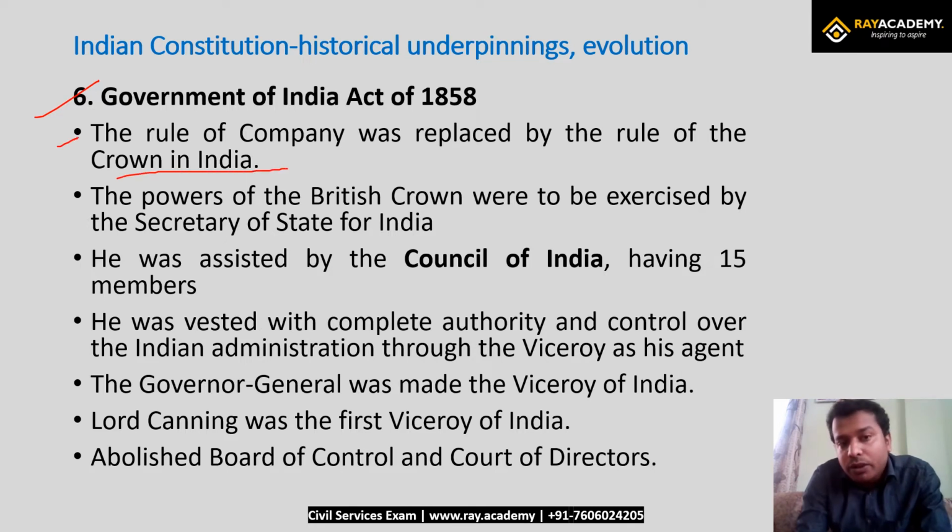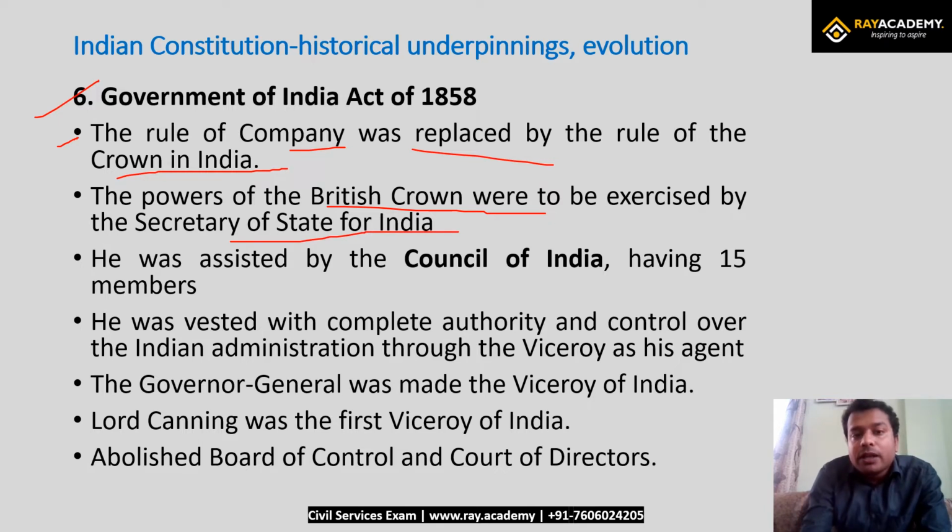Now, you need to understand, earlier the company had the power to frame the rules and regulations. So it was completely replaced by the rule of the Crown in India. The powers of the British Crown were to be exercised by the Secretary of State for India.